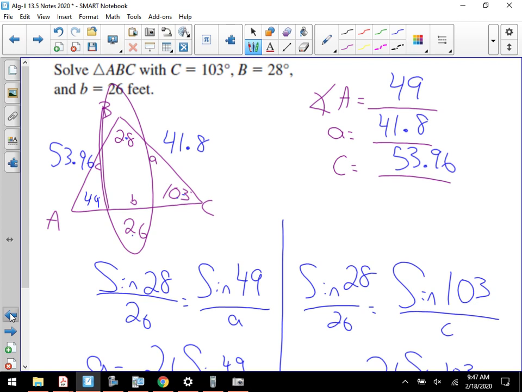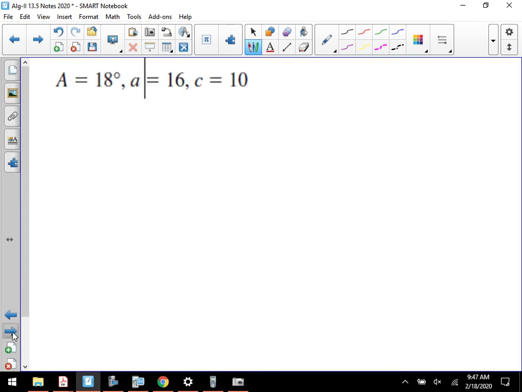So we had an angle, angle, side scenario. Here, we draw this up. We have angle A, 18, little a at 16, and little c at 10. So again, just a triangle A, B, and C. So we have A at 18 degrees, little a is at 16, little c is at 10.